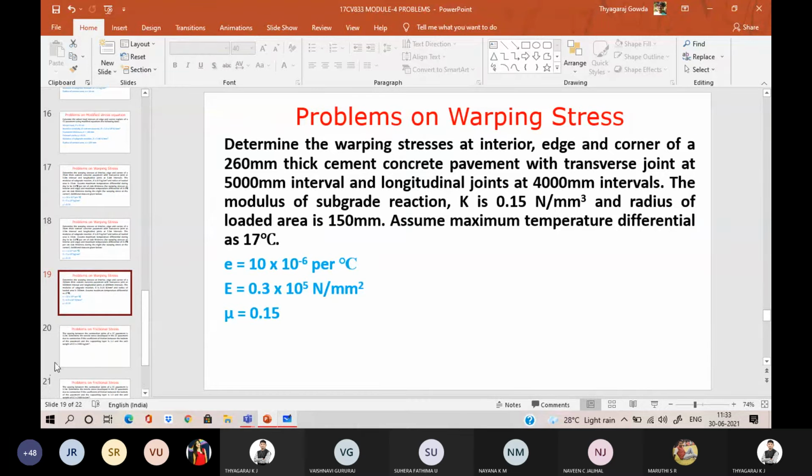So note on this one. Here they are given in terms of millimeter and Newton per millimeter cube, and they are given the temperature differential as a constant. Only one temperature differential they are given, that is 17 degree Celsius. For both interior, edge and corner, you have to take the temperature differential as 17 degree Celsius.